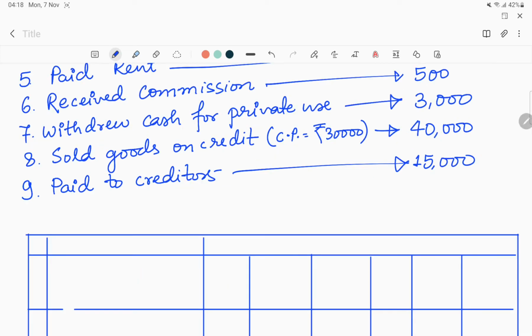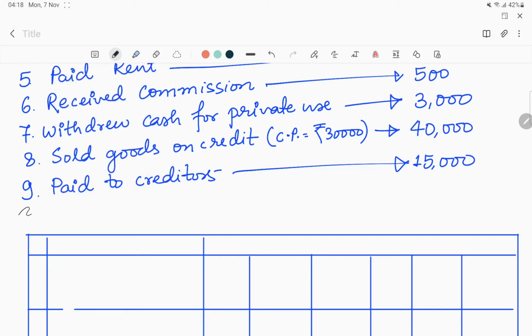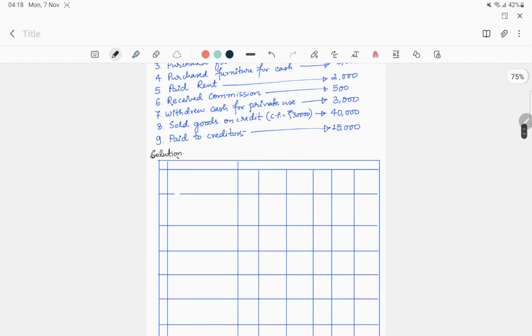Okay, so the table is already prepared here. Now let's see how to put each transaction into this tabular box. So the solution part is that you have to prepare a tabular column like this.